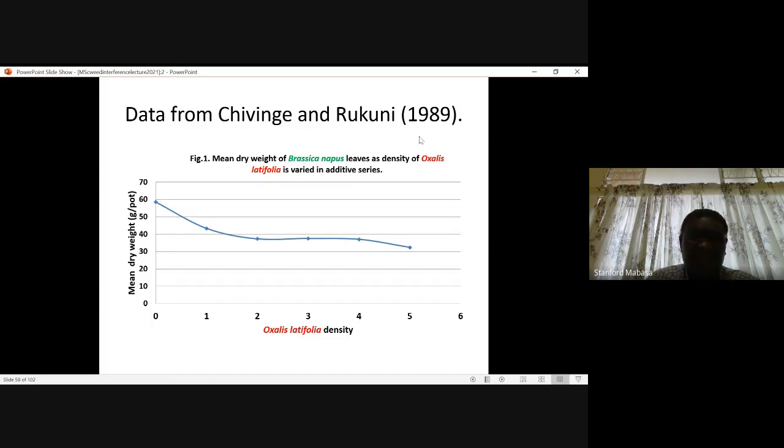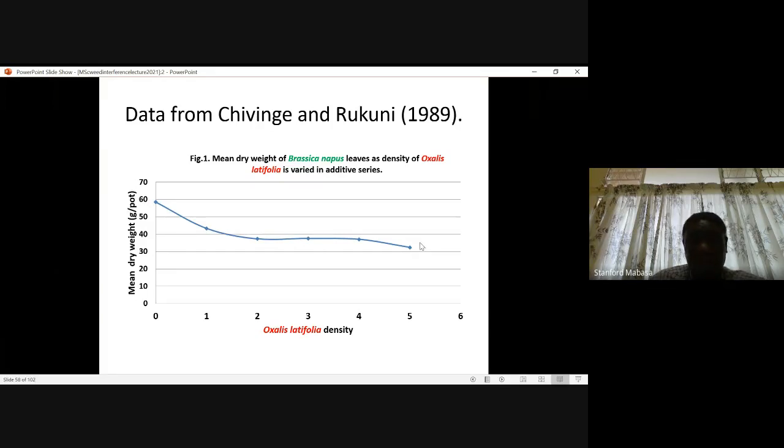There was a study which was also done here by Chivinge and Rukuni using Oxalis latifolia density in Brassica napus, which is a horticultural crop. As Oxalis latifolia density was increased, the yield started to go down.